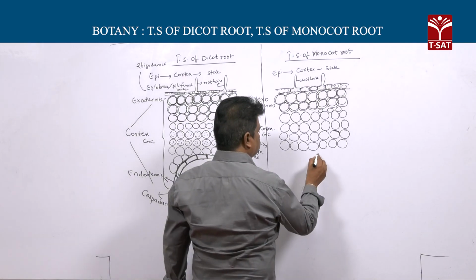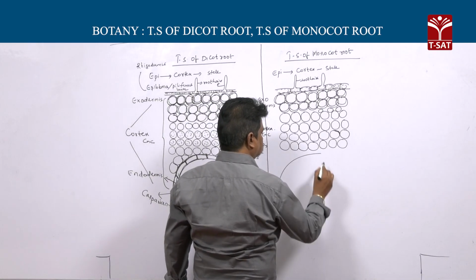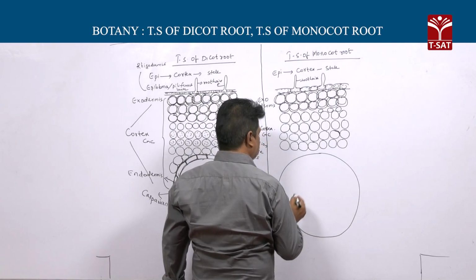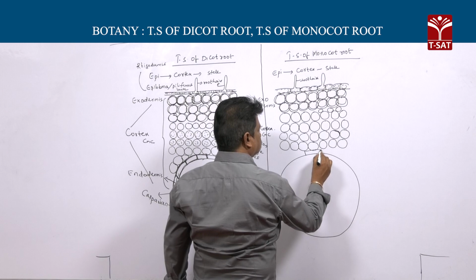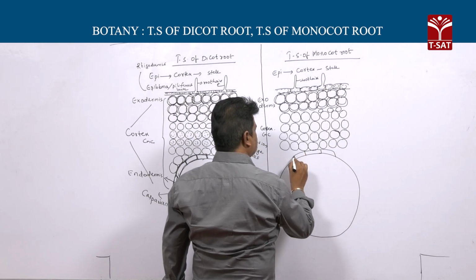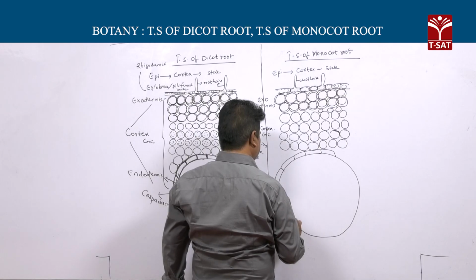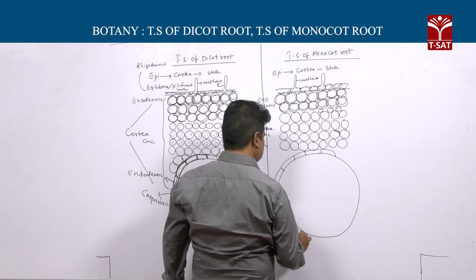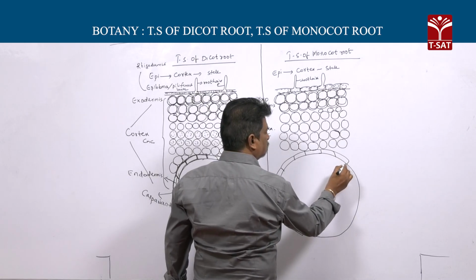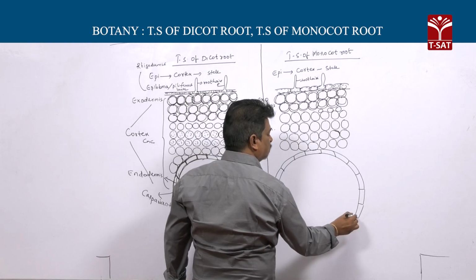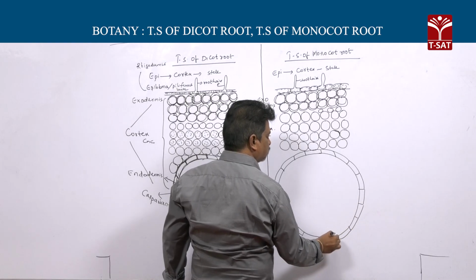Same in monocot root. Even in monocot root, innermost layer is called endodermis. Same characters. Even in monocot root, that endodermis is unilayered, made up of barrel-shaped cells.